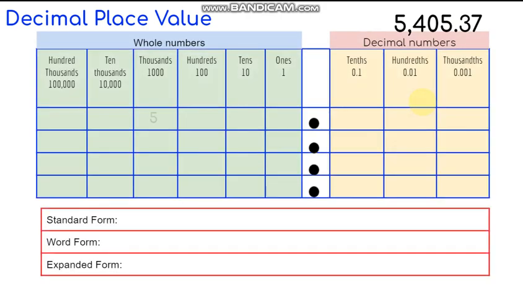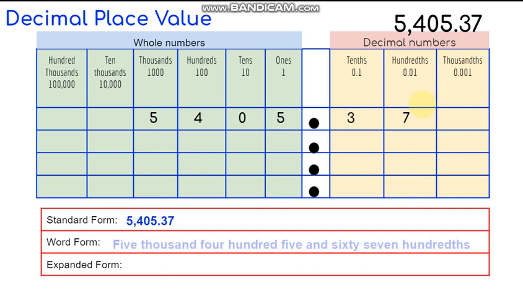So it goes like that. 5 times 1,000, 4 times 100, 5 times 1, 6 times 0.1, 7 times 0.01. Okay, so you have the expanded form like that.